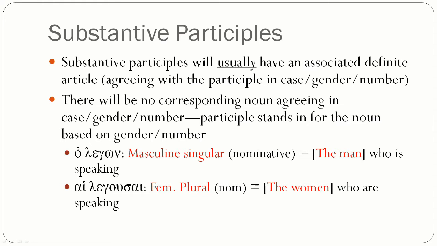Because it's masculine singular, you can just put in there "the man." It's translated very similarly to the attributive participle: the man, now participle element, who is speaking. So here we have the participle, and it is standing in for a noun.